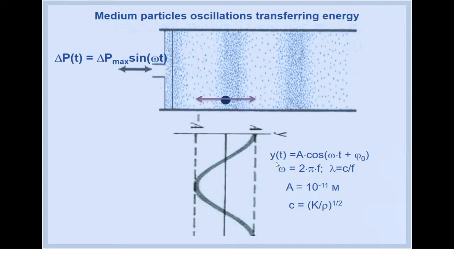And one more time, we can write down the law of motion for an individual particle of the air that is disturbed by the vibrating system. And pay attention, this is just the amplitude of the oscillation of the particles, and it is of the order of the radius of the air particle.